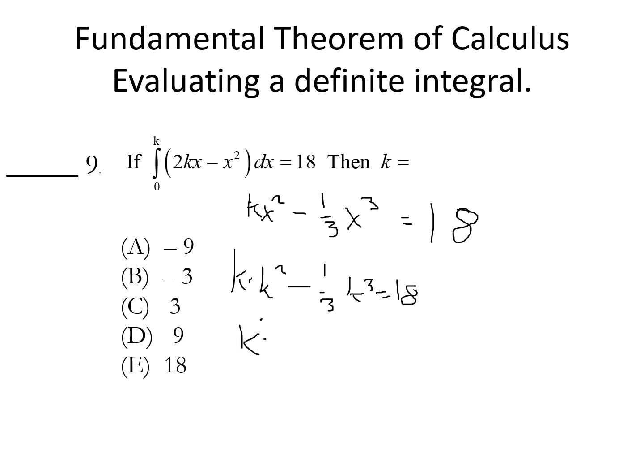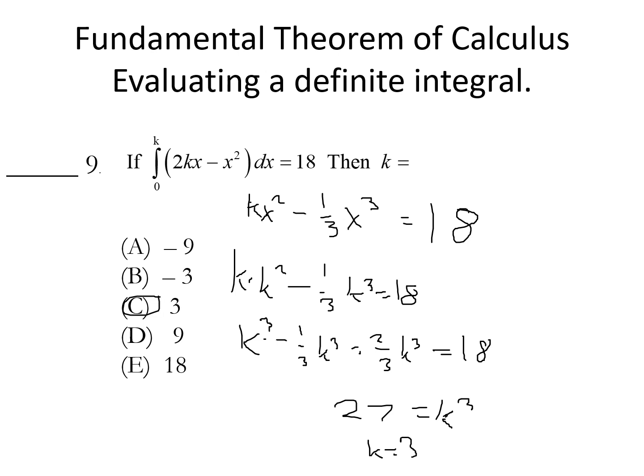K cubed minus 1/3 k cubed gets you 2/3 k cubed, which you set equal to 18. Multiply by 3 over 2, 18 times 3 is 54, and then that divided by 2 is 27. 27 equals k cubed, so then k would equal 3, so 9 should be C.